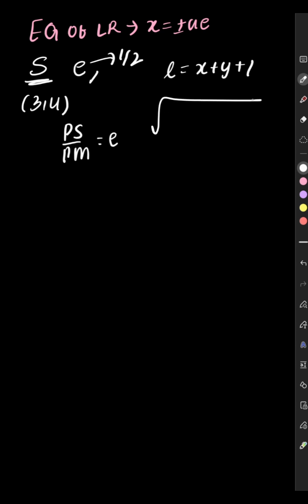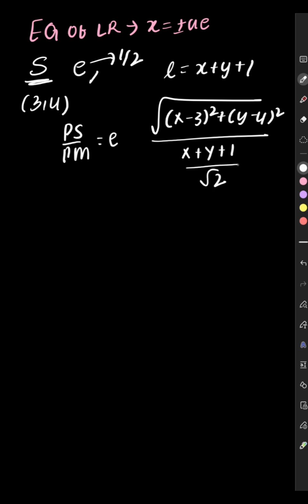So you take one random point, and (x minus 3) whole square plus (y minus 4) whole square, which is the distance from any random point to the focus, upon the perpendicular distance from that point to the directrix, which is x plus y plus 1 upon root 2, equals 1 by 2. Just square it on both sides and you'll get the locus of the ellipse.